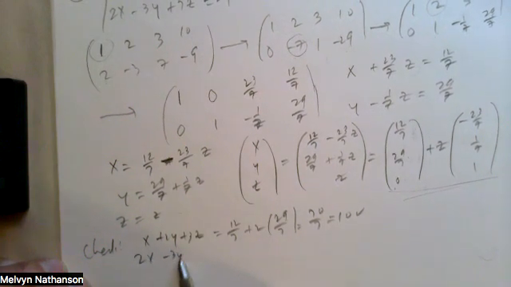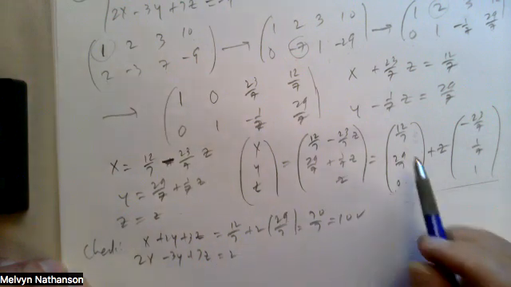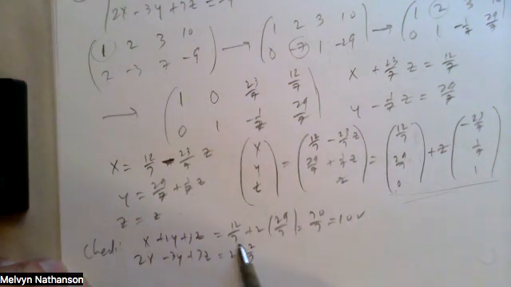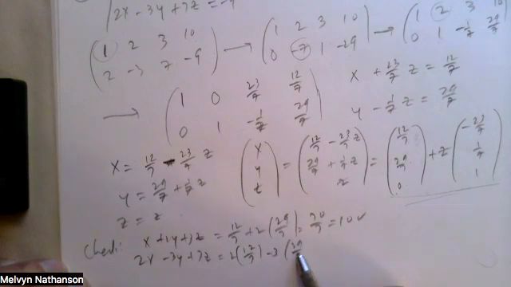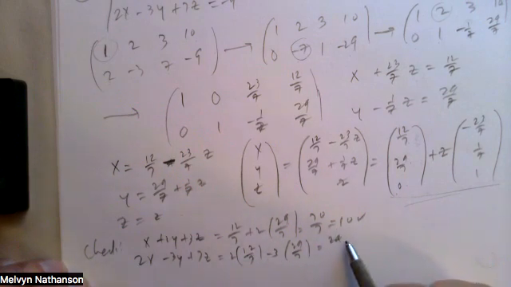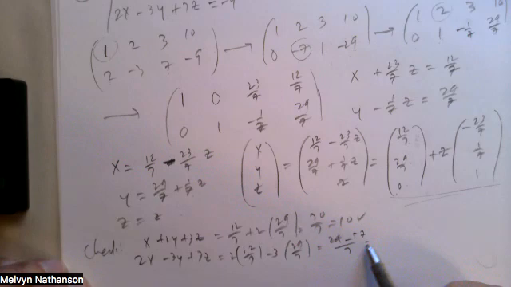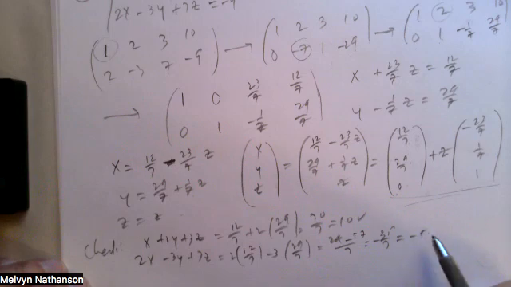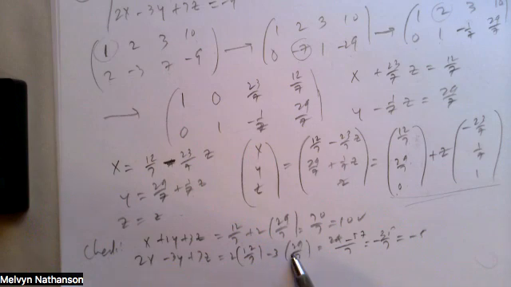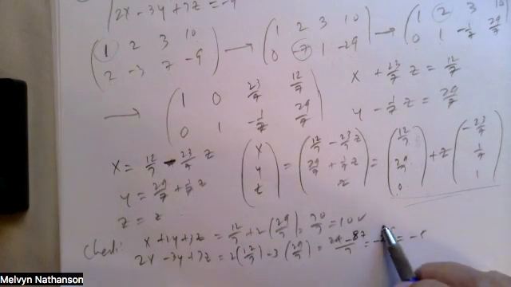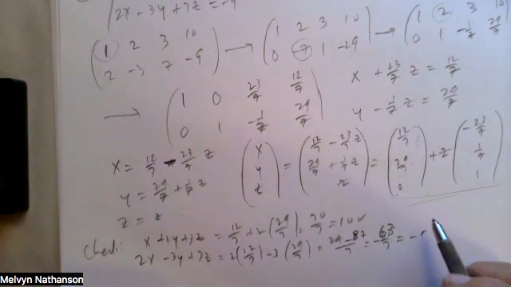And 2x minus 3y plus 7z is 2 times 12 over 7 minus 3 times 29 over 7 plus 0. This is 24 minus 57 over 7. That's equal to minus 35 over 7, which is minus, oops, I did something wrong. 3 times 29 is 87. 24 minus 87 is minus 63 over 7. That is minus 9. So this checks.